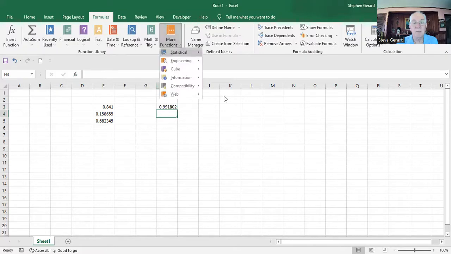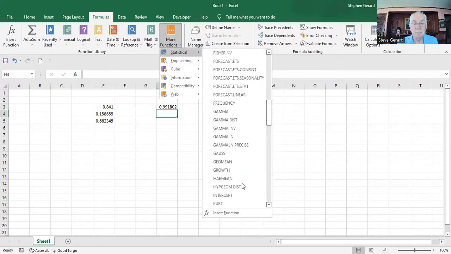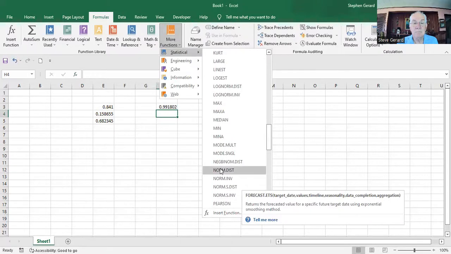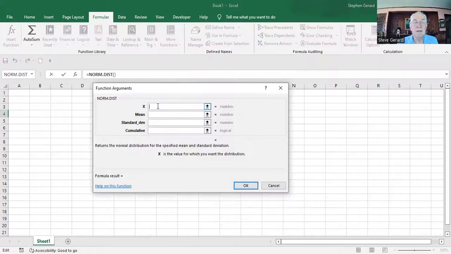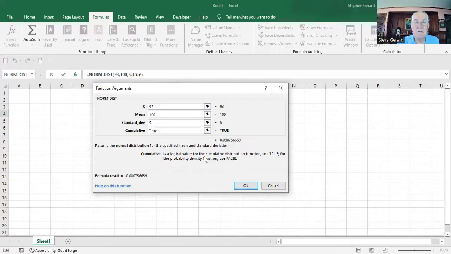Okay, I'm going to do it all over again, this time with a 93. I'm picking these numbers at random, but that's what it could end up looking like to some extent in a more realistic world. And the cumulative probability of up to and including the 93 is 0.8%.